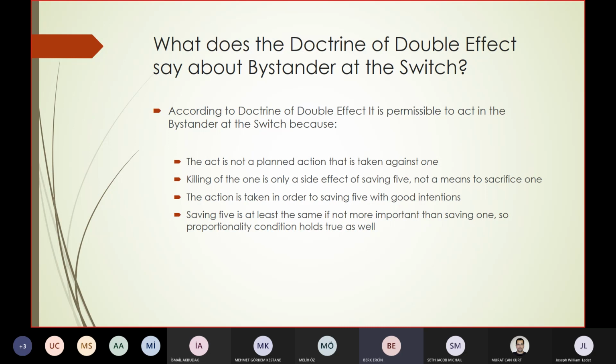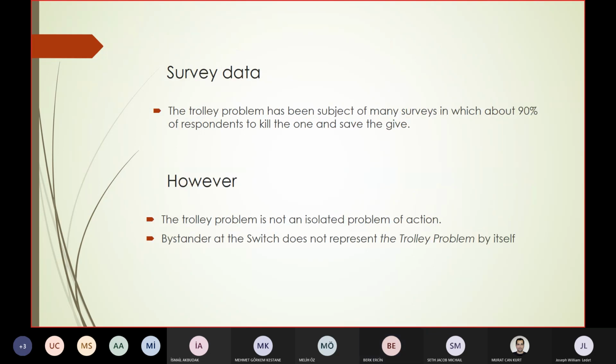It's not a means to sacrifice one. The intention is to save 5 lives. Again, it's not to sacrifice. So it's proportionate because saving 5 is at least as important as 1.